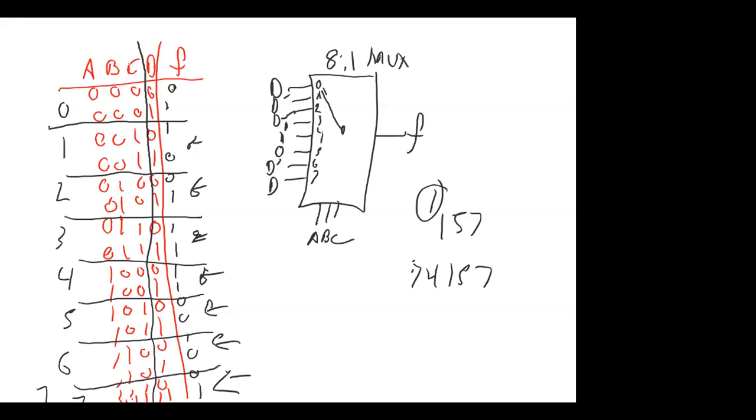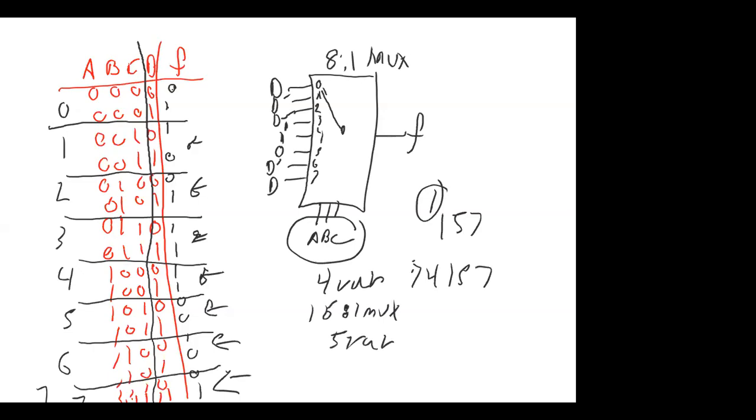Eight. No. So an 8-to-1 multiplexer implements a 4-variable. So a 16-to-1. My bad. I meant, would it be 5? A 16-to-1 mux will implement, yes, a 5-variable K-map truth table.